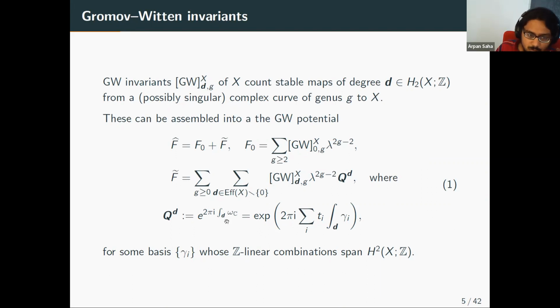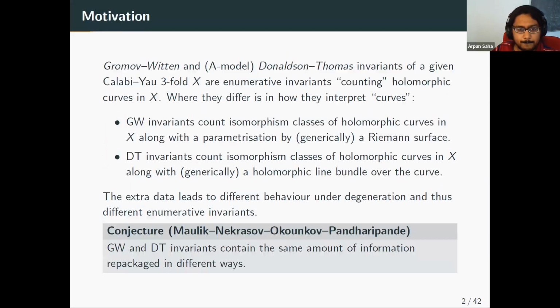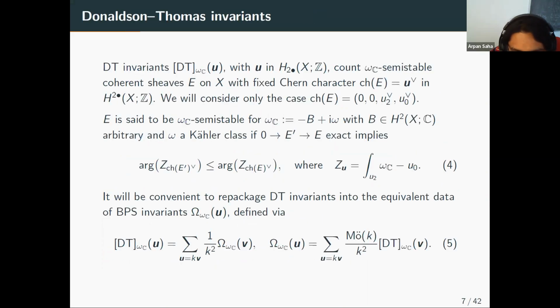The t was defined as follows. The complexified Kähler form is minus b plus i omega, where omega is the real Kähler form, right?